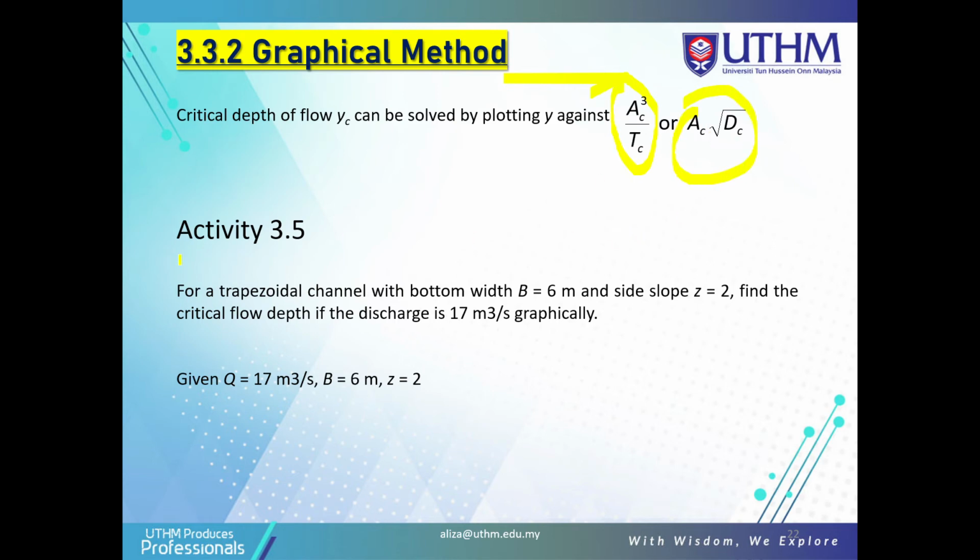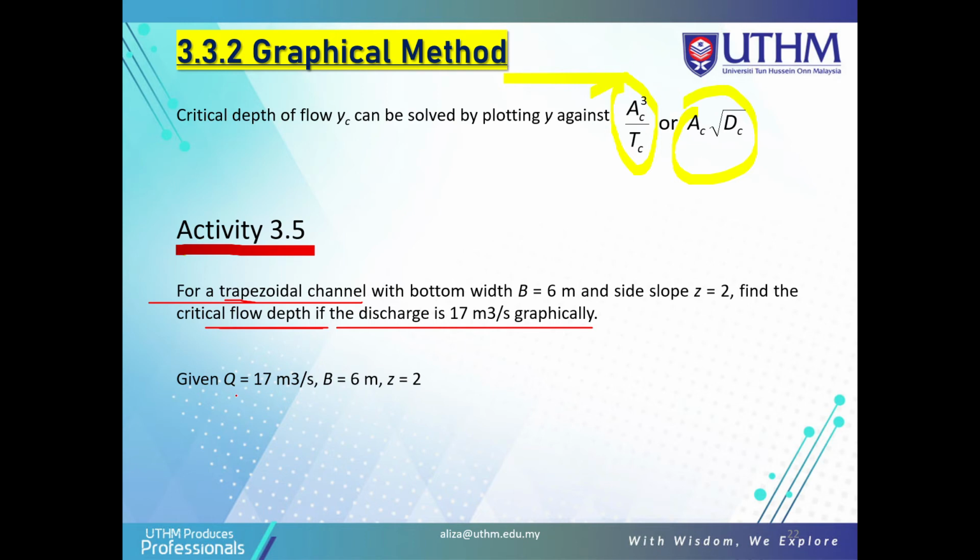Okay, so look at activity 3.4 of 5 here. For our trapezoidal channel, with bottom width B is 6 meter and side slope Z is 2, find the critical flow depth if the discharge is given, using the graphical method.